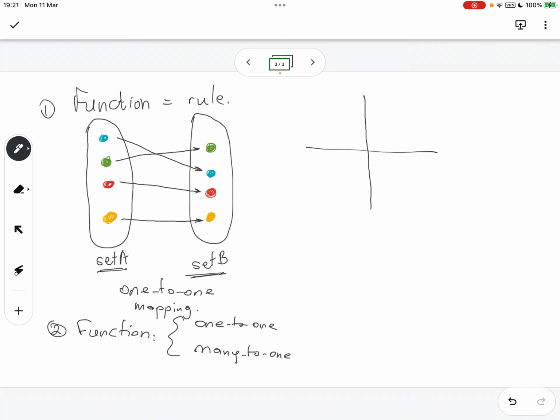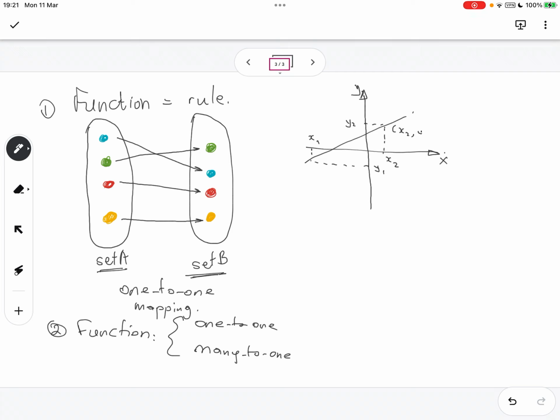a straight line, and for every value of x there is a corresponding value of y. Let's make that x1, y1, and we'll just pick an arbitrary point, that's x2, and there's another arbitrary point it corresponds to called y2.